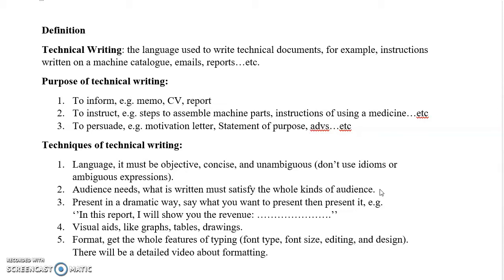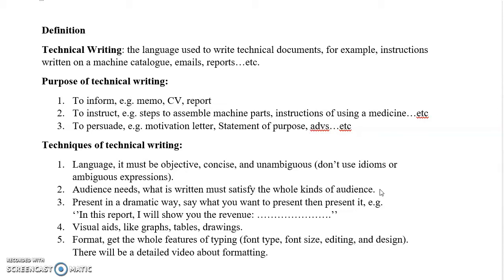The second part regarding the audience: I have to keep in mind who is going to read my document. Is it a child or an adult? So if I am making an advertisement for children, I have to look for the most important strategies that will capture the attention of children.